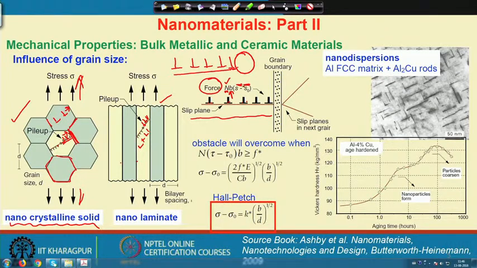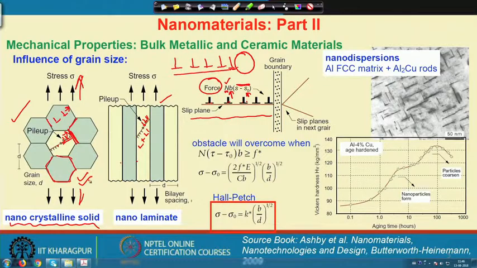The lattice itself has a friction, and the dislocation has to overcome that friction so that it can glide on a plane, and that stress is S 0. Now, if you think about a honeycomb-like structural grain, or an equiaxed structure, or a bilayer spacing like a laminated structure, the situation is not different, and the equations and understanding are very similar.